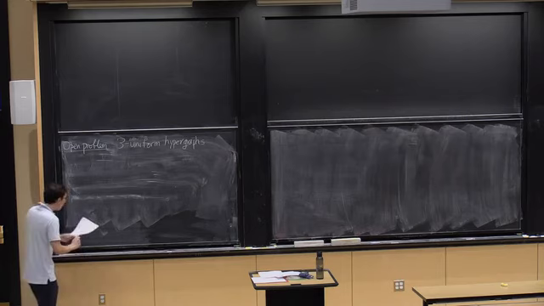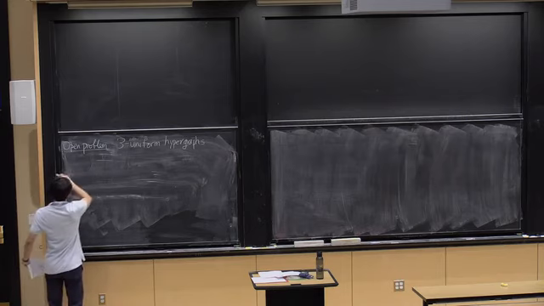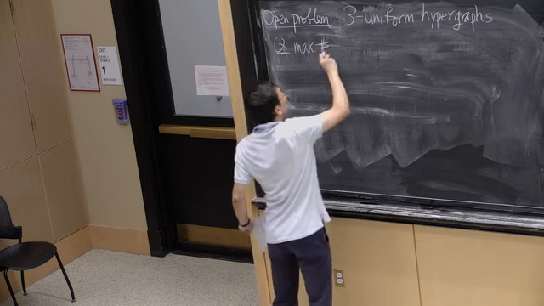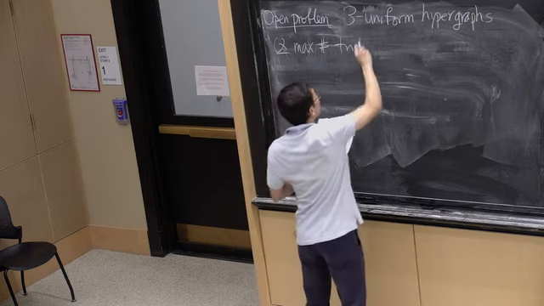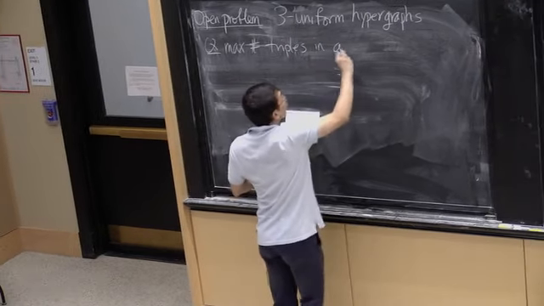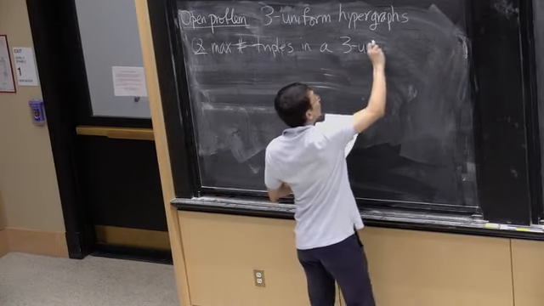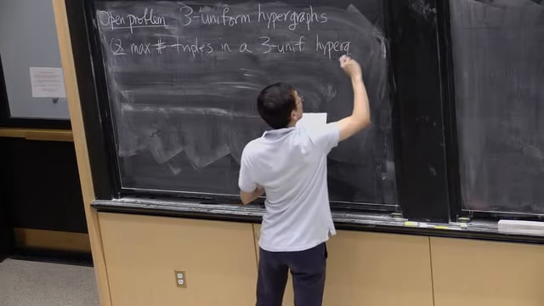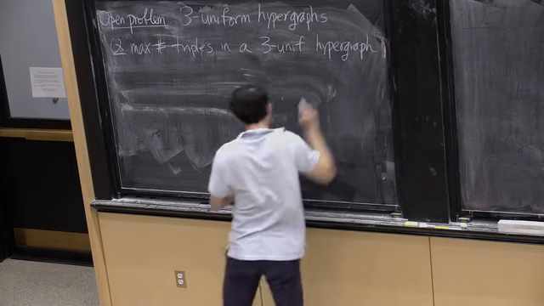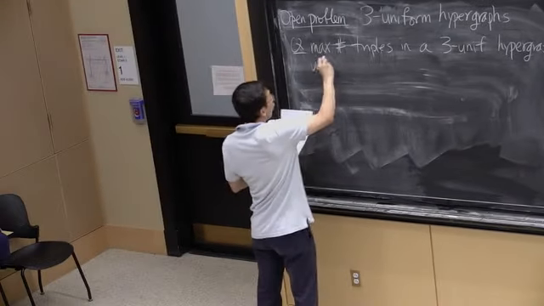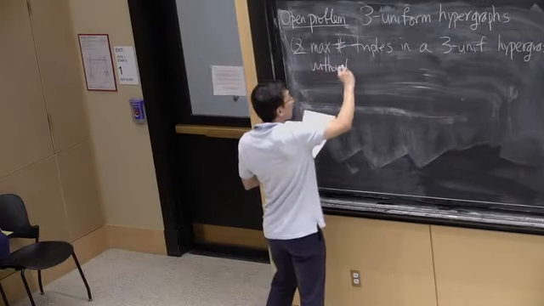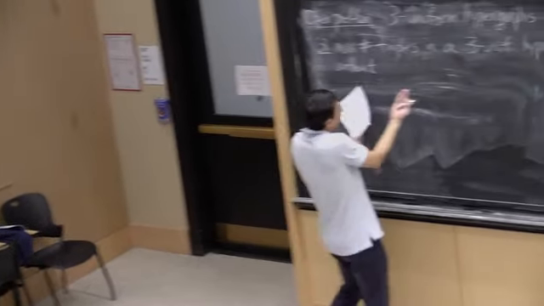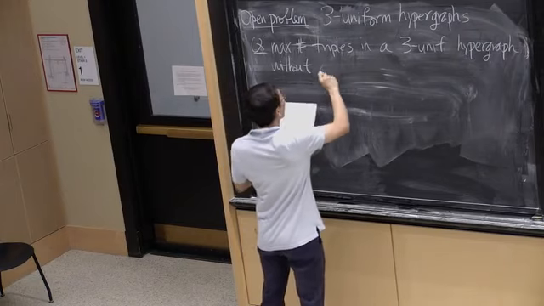So the question is, what is the maximum number of triples in a 3-uniform hypergraph without, well, for Mantel's theorem, we asked what happens without a triangle. For 3-uniform, the basic question you can ask is, what about forbidding a tetrahedron?